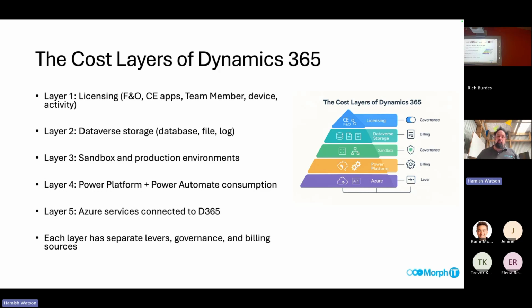And the key point is D365 spend isn't just SaaS. It's a multi-layered ecosystem requiring visibility across licensing, storage, compute, and data movement. So again, FinOps gives us a framework to measure each layer and understand which workloads deliver value.